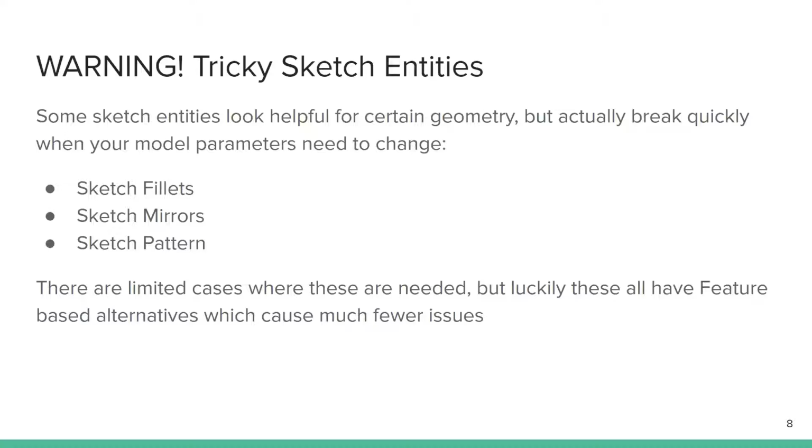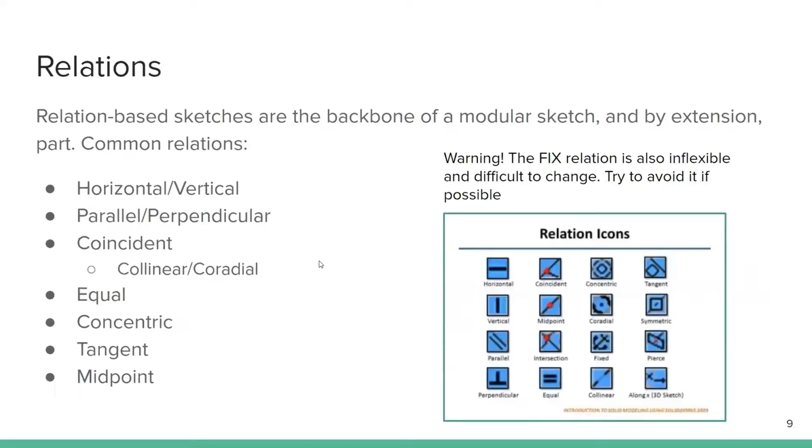And you can pattern that within the sketch, but it's generally better practice to make your part and make the hole and then pattern the actual hole itself, just because that makes things break less later on down the line. And when things break less, you're a happier person. That's pretty much it there.